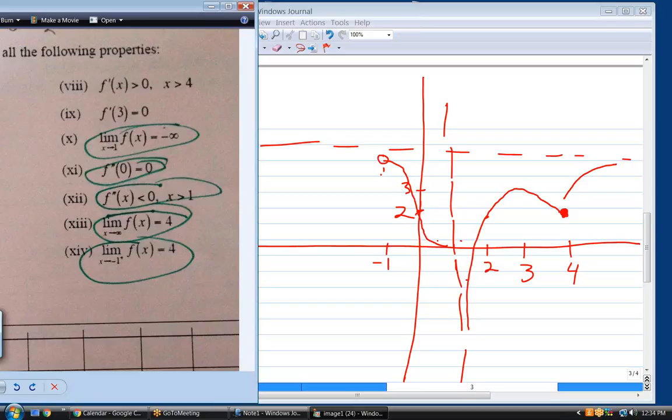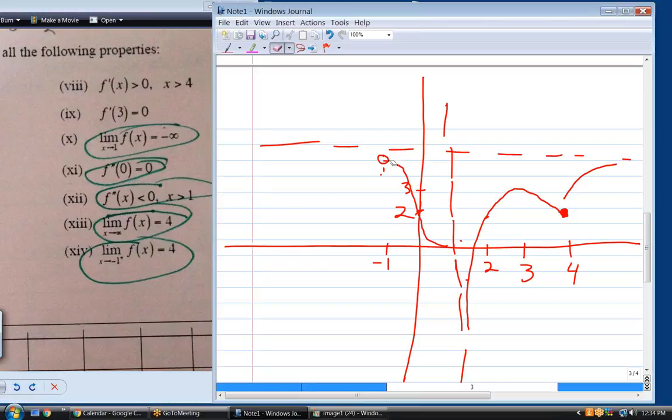But this thing has to be concave up the whole way. Let me go back and redraw this part of the line the way I originally had it, which is concave up to the inflection point.